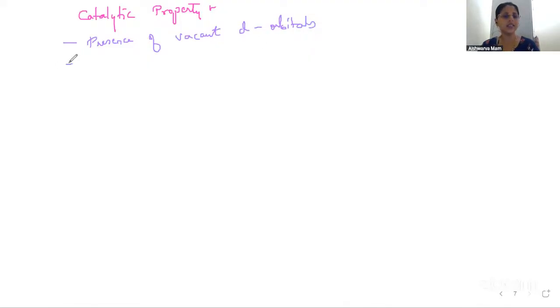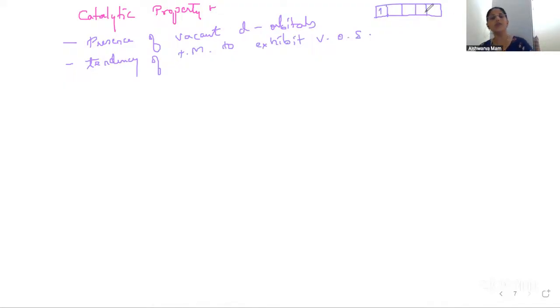And the second reason is the tendency of transition metals to exhibit variable oxidation states. See, transition metals have vacant d orbitals. If you see scandium, 3d1, it has so many vacant d orbitals.